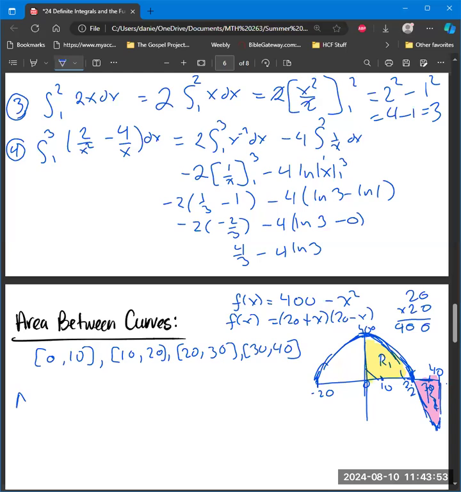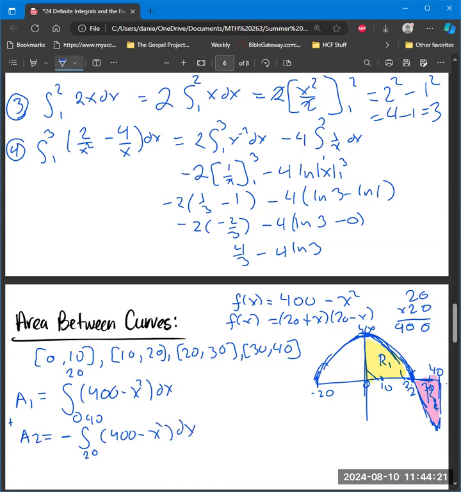So we're going to say A1 is equal to the integral from 0 to 20 of f of x dx. A2 is going to be negative 20 to 40, 400 minus x squared dx.